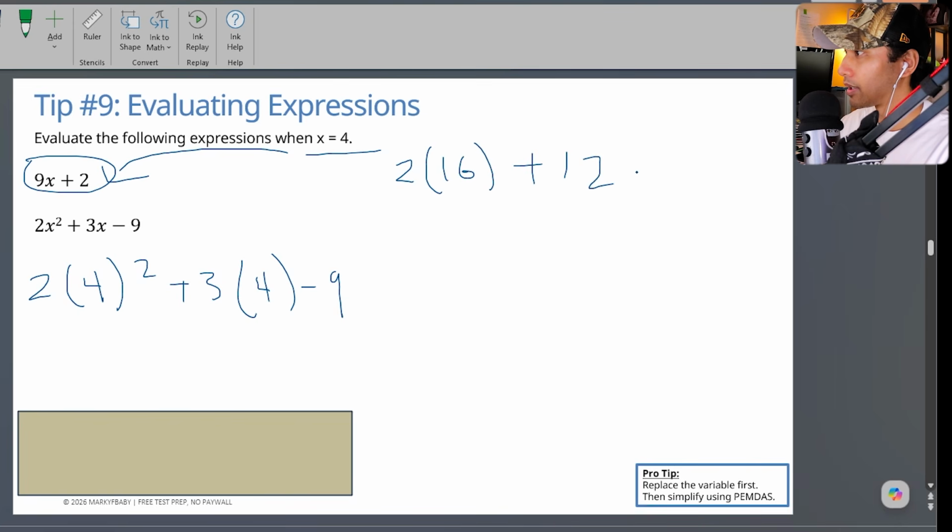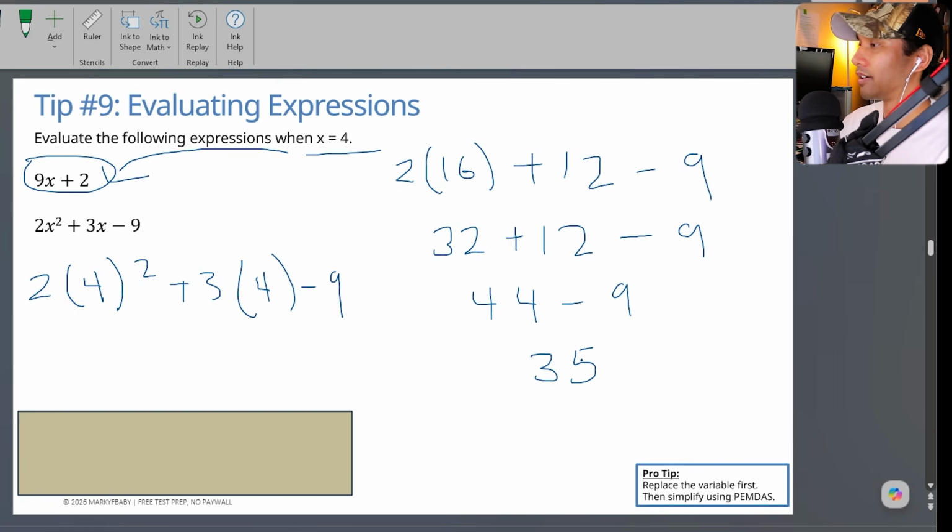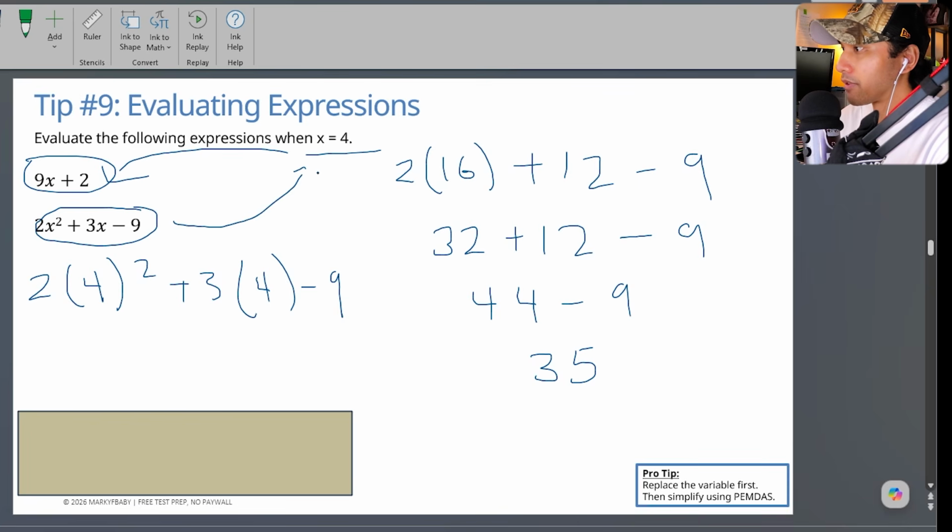That's 12 minus 9. And then 2 times 16, that is 32 plus 12 minus 9. 32 plus 12, that is 44. And then minus 9, that is 35. That's what's happening. We have reduced this expression to its simplest form when x equals 4.